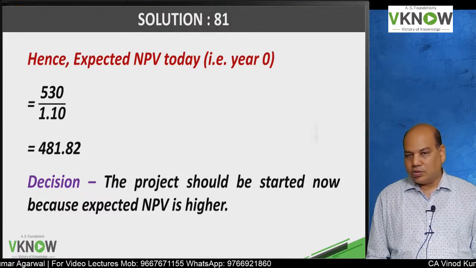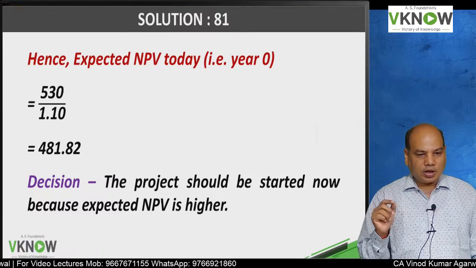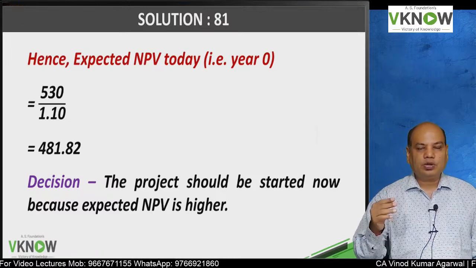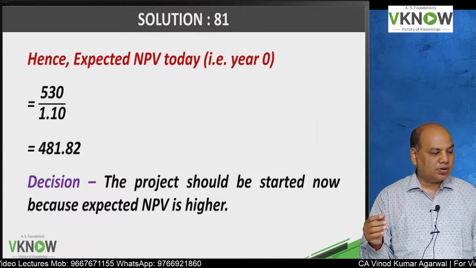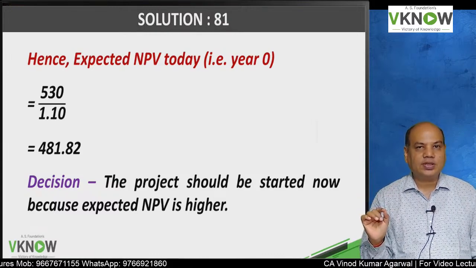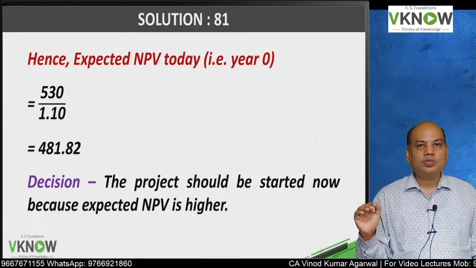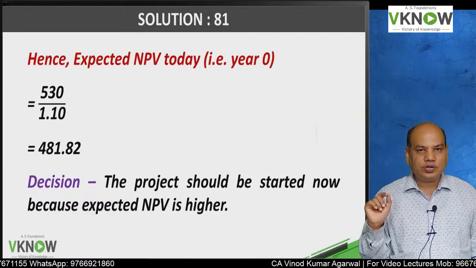So that was an easy question. But if they ask you a question on postponement, and on postponement you have 2 or 3 possibilities, then you first compute NPV of each possibility separately. The one which is negative, you will say option will not be exercised, its value is 0.